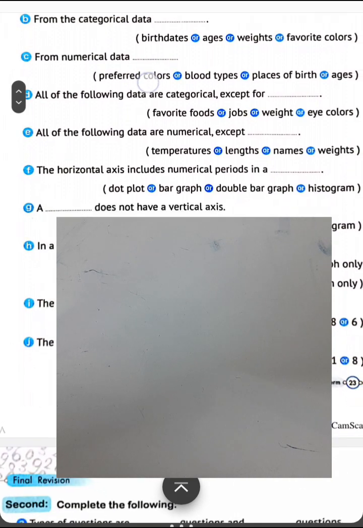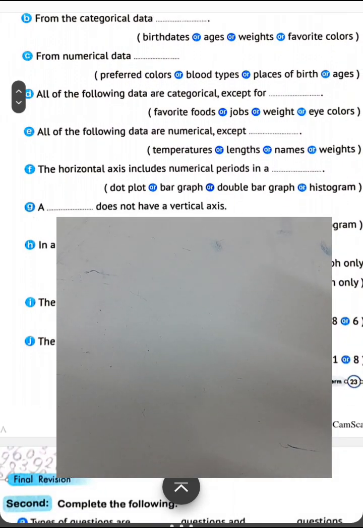Question letter C, from numerical data, here, ages are from numerical data. Question letter D, all of the following data are categorical except what? Except the weight, because the weight is numerical data.